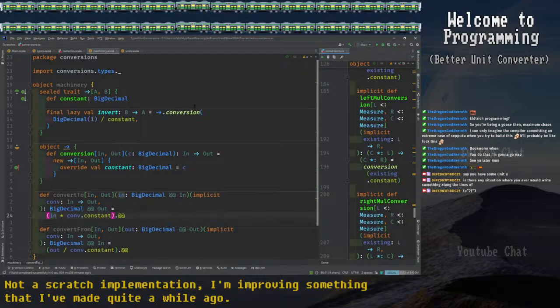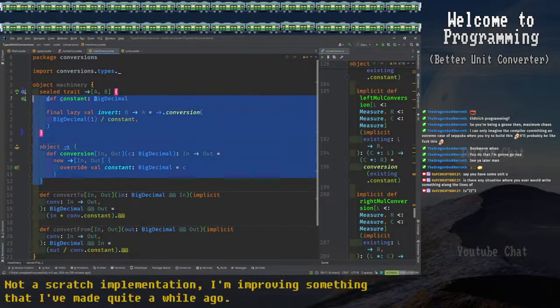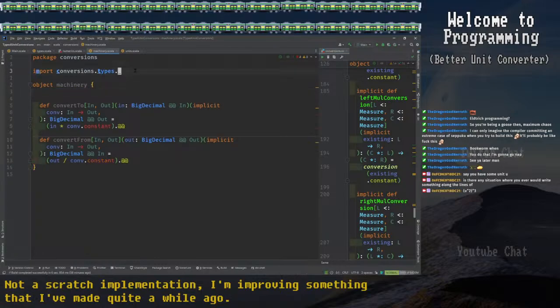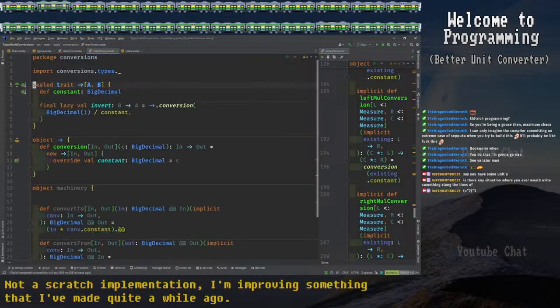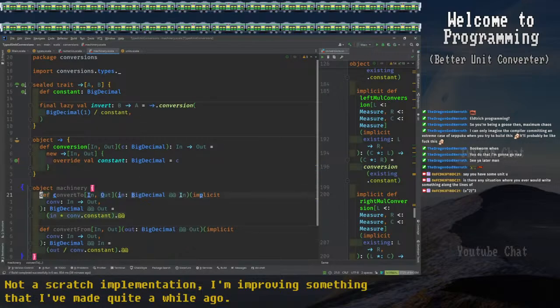Right, so now that we've got our basic machinery, let us now finally start making the rules for how to convert a unit into another unit.